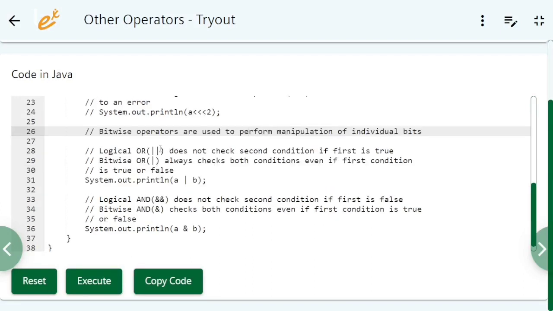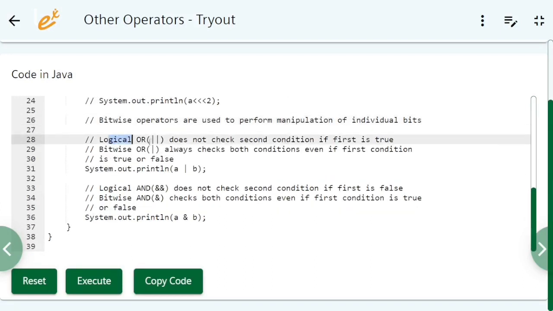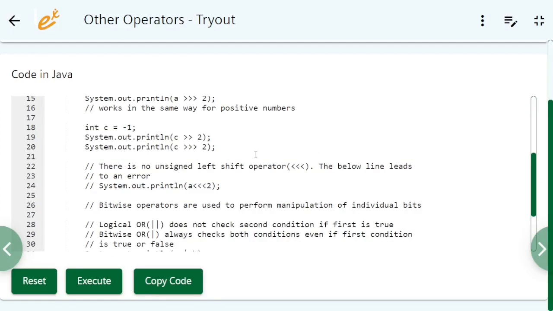Okay. And what about the other? What are we doing here? We are now explaining what is logical OR and what is the difference between logical OR and bitwise OR. So we will see that also. This is bitwise OR, and here we are doing bitwise AND. I'll provide this code in the description box. You can also copy it and run it on your system.